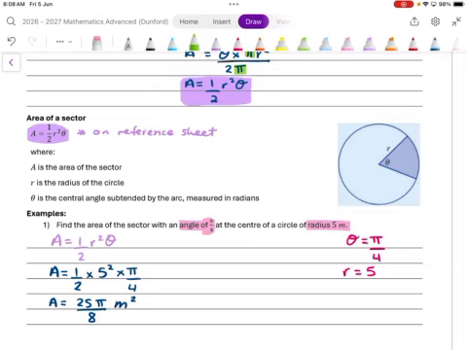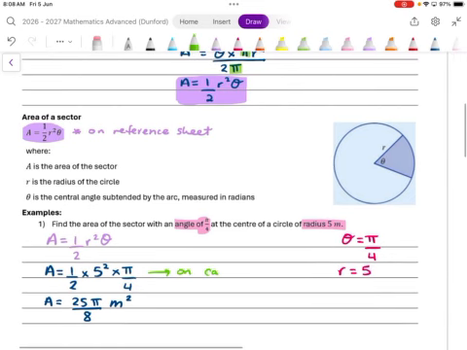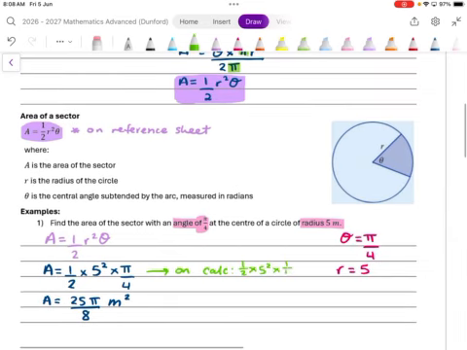Now, if you don't have the new calculator, what you would put in is a half times 5 squared times a quarter. That gets you your 25 on 8, and then you just input your pi at the end. Does that make sense?